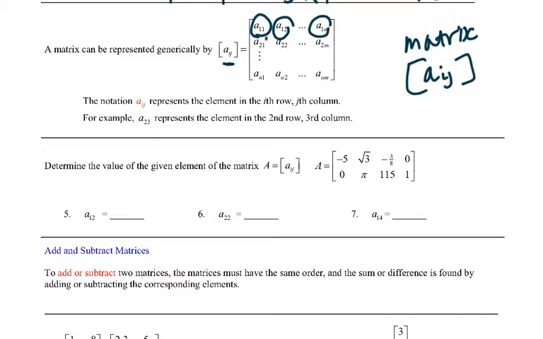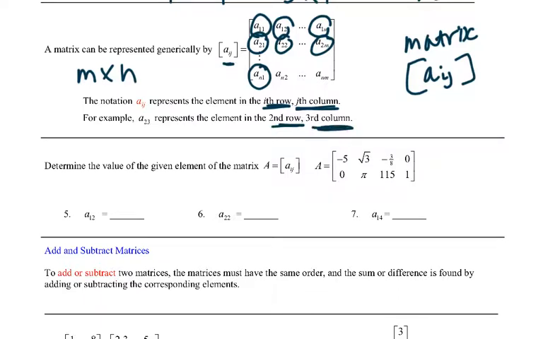Then we do the same thing: 2,1, 2,2, all the way to 2,n, because remember, we're doing m by n matrices. The notation a sub i j represents the element in the ith row and the jth column. For example, a sub 2,3 represents the element in the second row and third column.